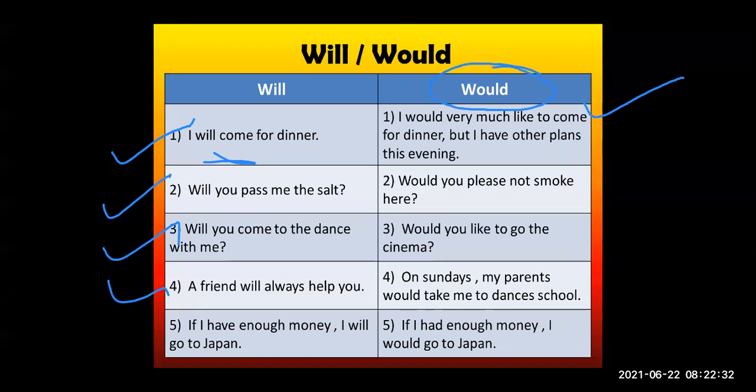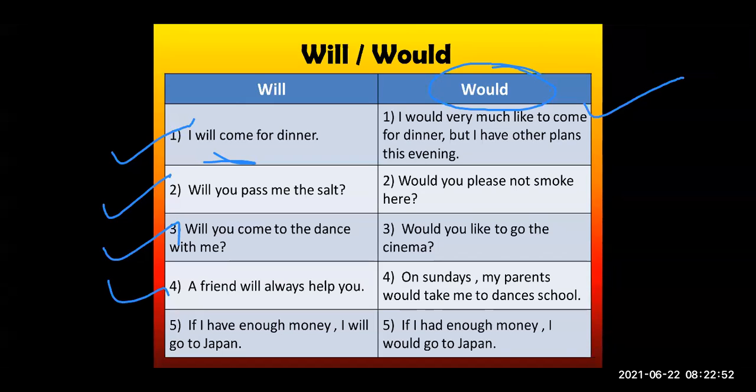The person wants to go for dinner, but in the current situation it is not possible because he has some other plans this evening. So at that time, use the modal auxiliary would.